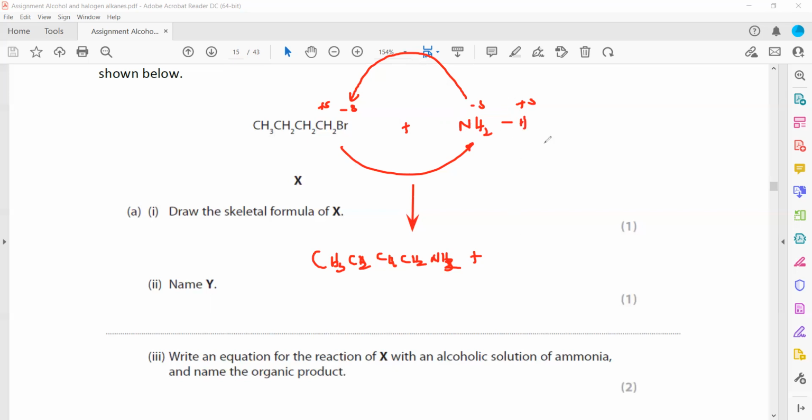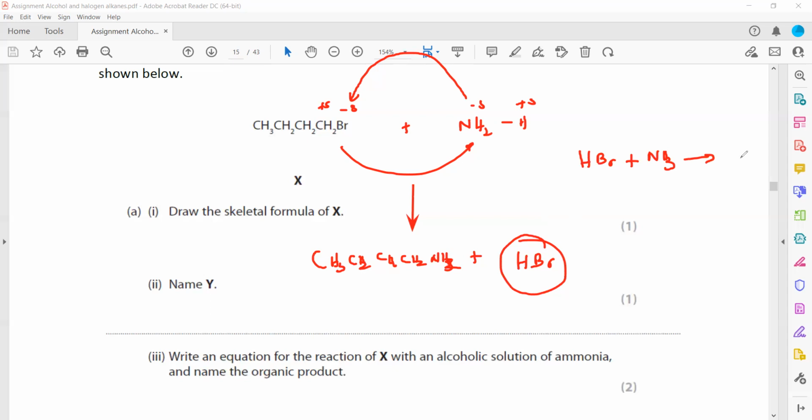Then as a result, what is produced? H and Br, because this hydrogen combined with Br. Then this HBr, hydrogen bromide, because this reaction occurs in excess of ammonia, like we should have excess of ammonia, otherwise multiple substitution might occur. So that HBr which is produced here also reacted with ammonia, because HBr is acidic, it reacted with NH3.